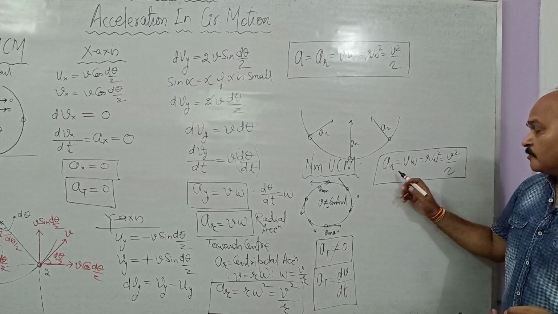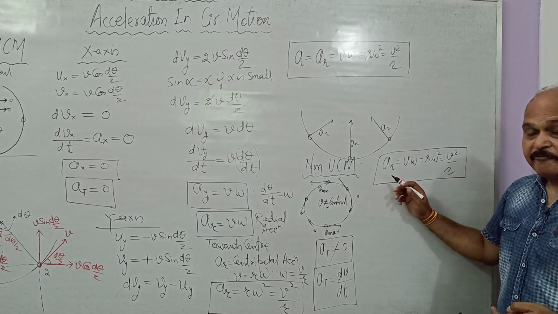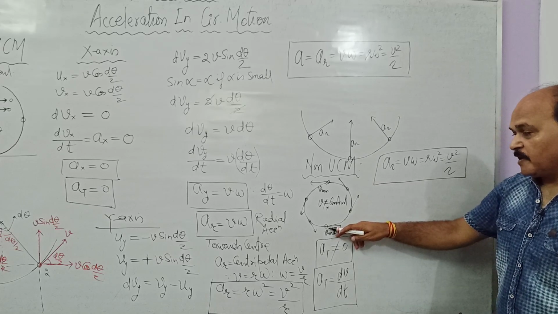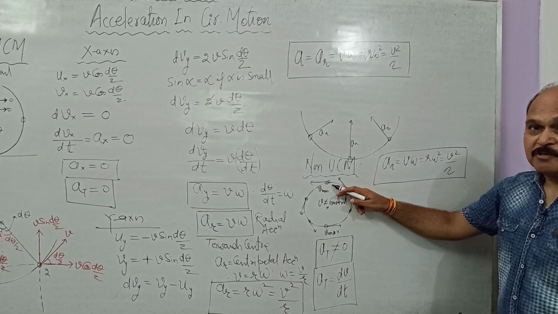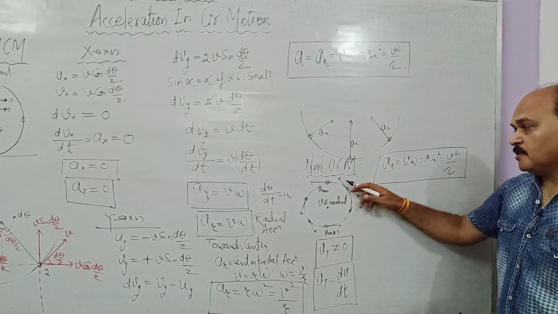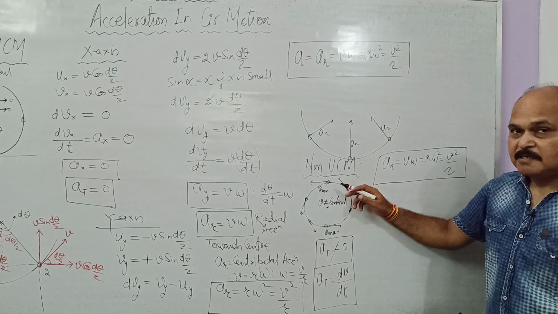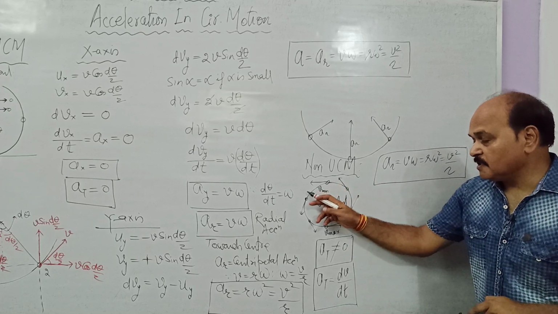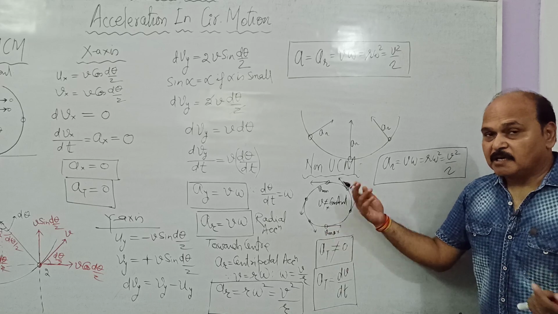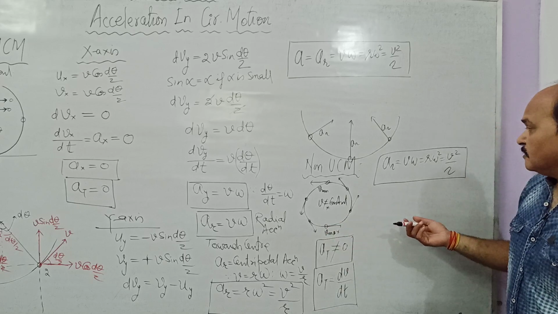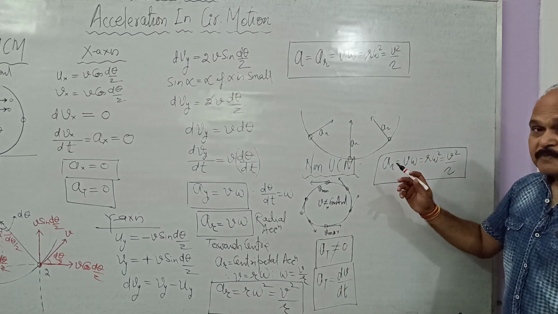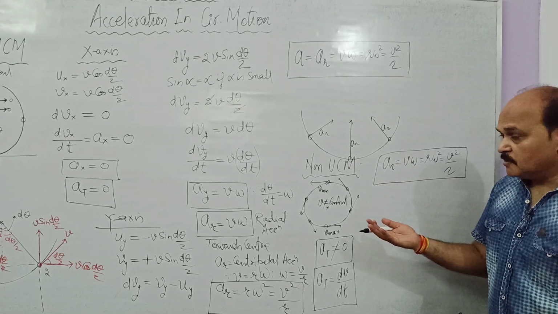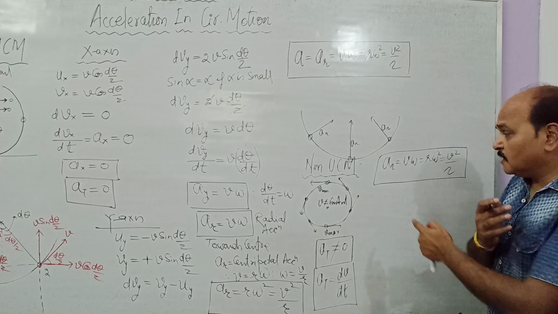Therefore the value of acceleration varies in magnitude also. Here the centripetal acceleration is maximum, here the centripetal acceleration is minimum. And as you move from here to here, as the speed decreases, centripetal acceleration also decreases in magnitude, and as the speed increases in this part, the centripetal acceleration increases. So acceleration not only varies in direction, it also varies in magnitude.